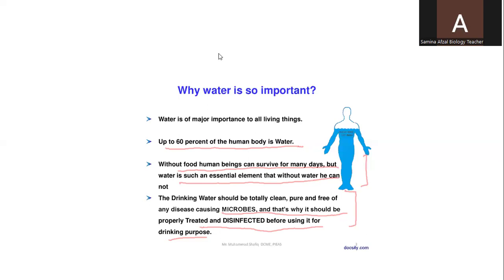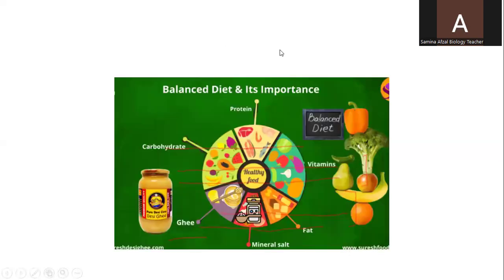It was all about the different nutrients and their importance. Now I would like to say that the diet which contains all these nutrients in a proper ratio is called a balanced diet.